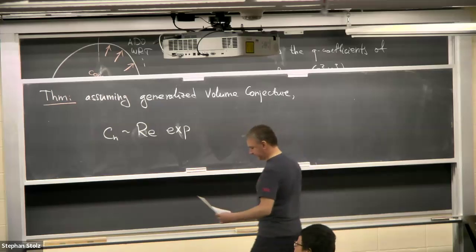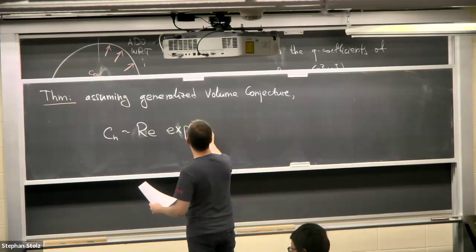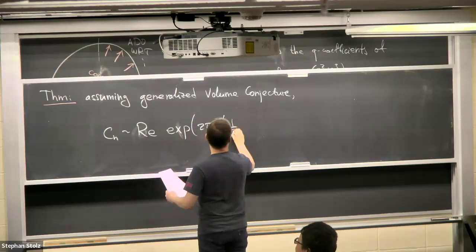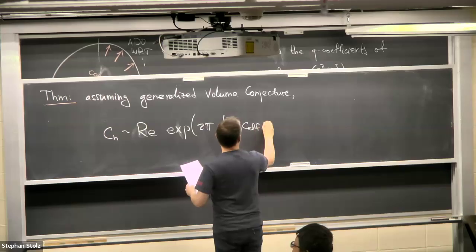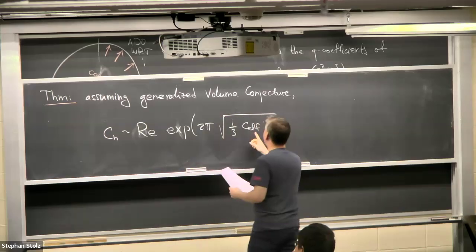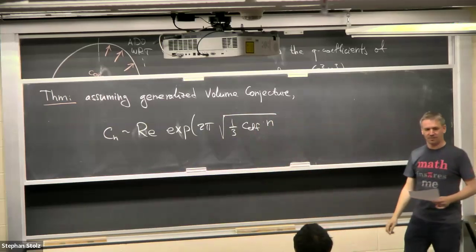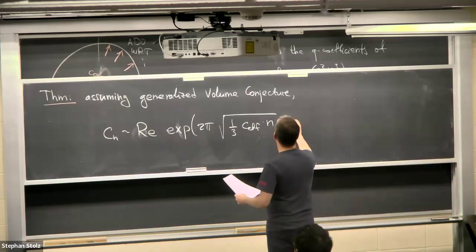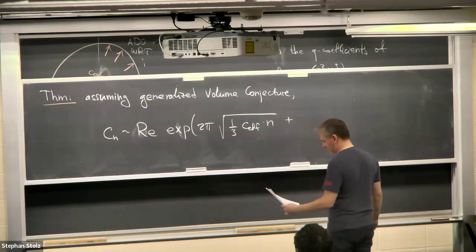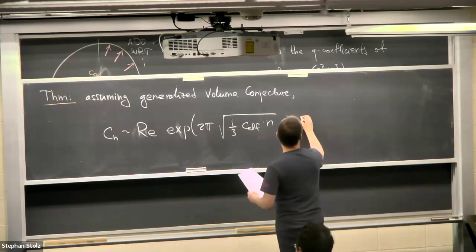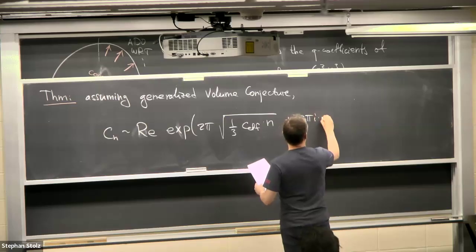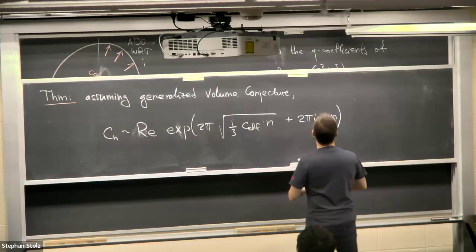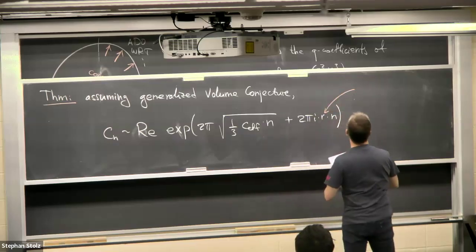It's exponential of a similar thing to pi square root 1/3 C effective times n, except that now this number can be complex valued. That's one aspect. And in addition, something that I didn't anticipate at first, there could be a term 2 pi times r times n, where this r is a rational number.